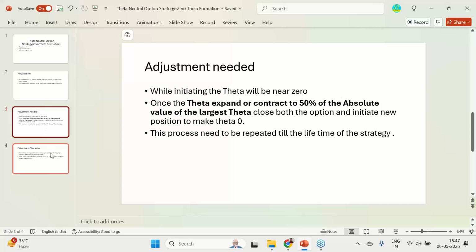If you want to form it only with options, then you have to make some other strategies, maybe a long strangle with a short straddle, a similar kind of formation. Long will be in the June series and short will be in the May series. That also you can do.